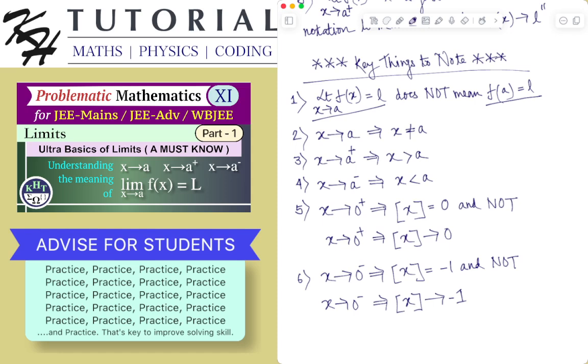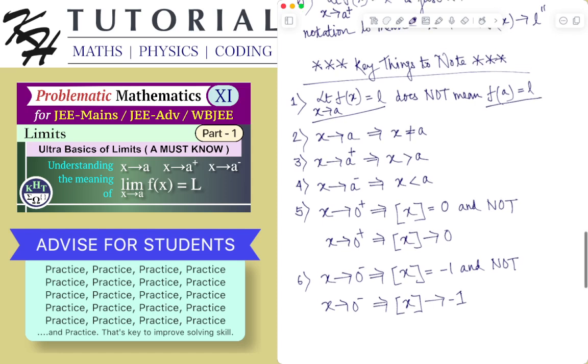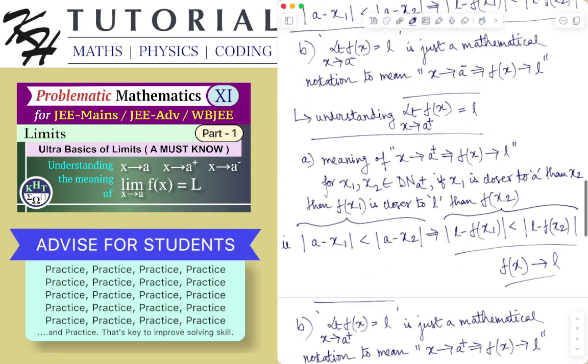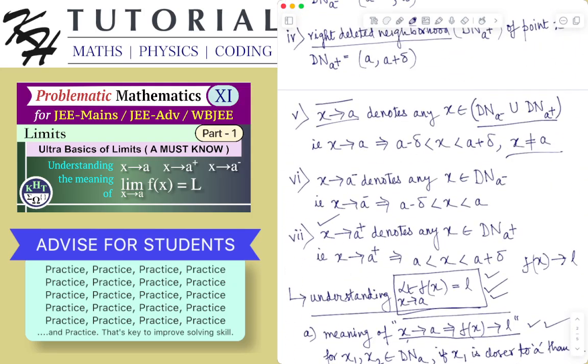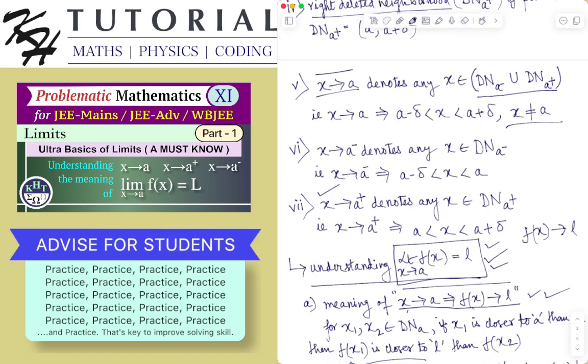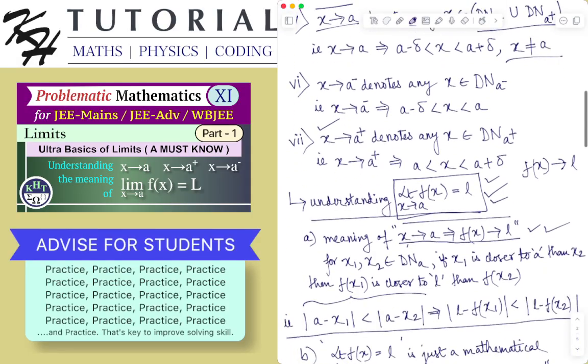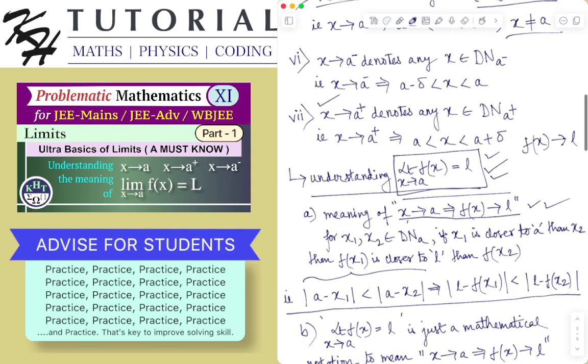So that was all that I wanted to discuss about the meaning of x tending to a, or x tending to a minus, x tending to a positive, where a is definitely a fixed finite value, and the meaning of the limit of f(x) as x tends to a being equal to small l, or the limit of f(x) when x tends to a positive or a negative being equal to small l.